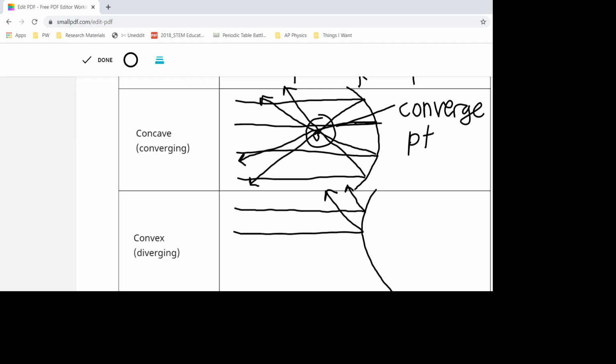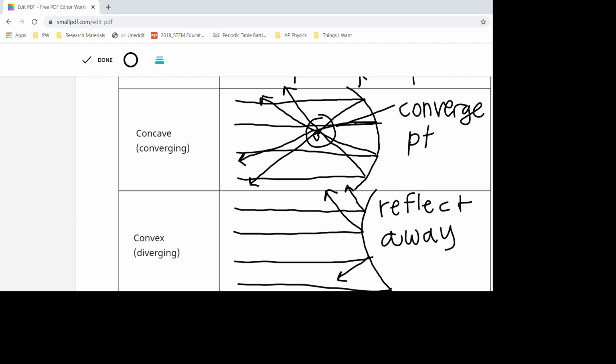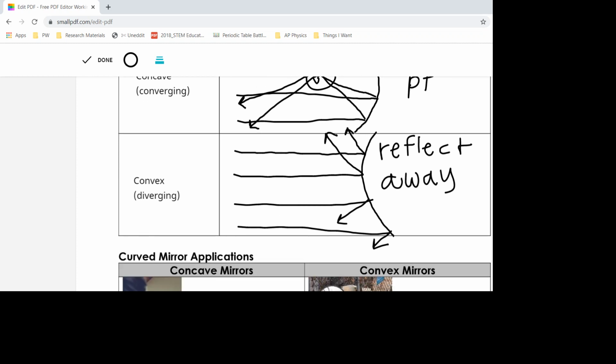These are not the kind of light rays that are going to come and meet each other for brunch. They have their own things to do. So these rays reflect away from the surface of the mirror.